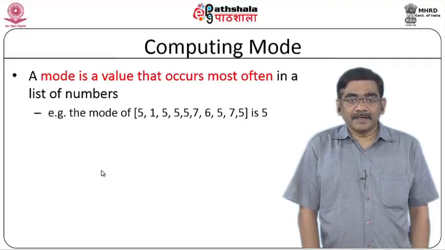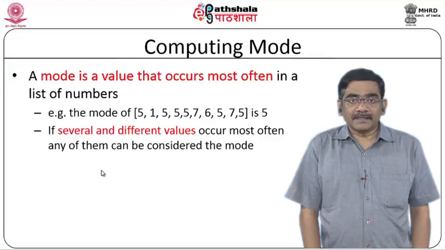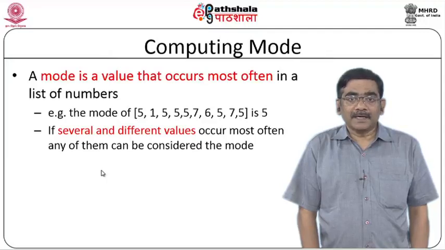For example, if I take a list like this, you can see that the number that occurs most frequently in this list is 5. Therefore, the mode of this particular list is 5. And if several different values occur most often, then any one of the values can be considered as the mode of that particular list.